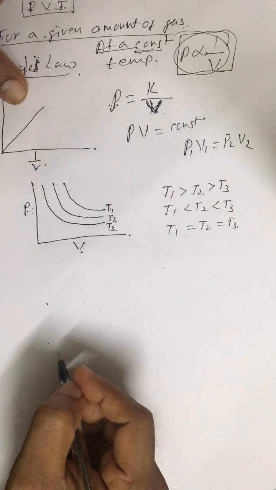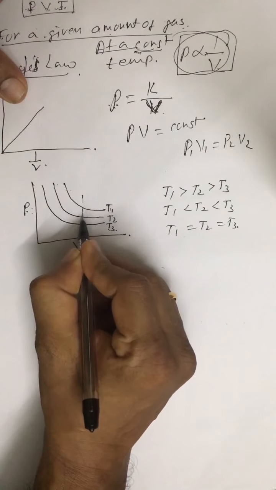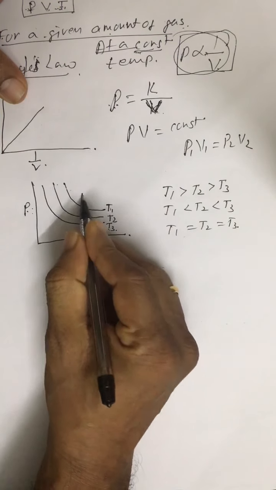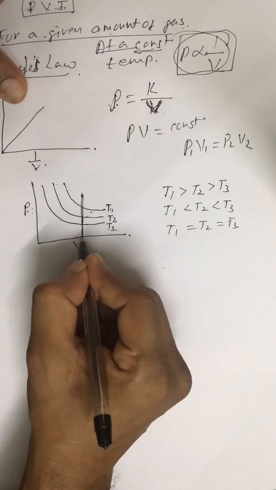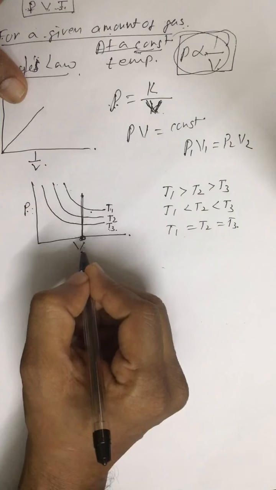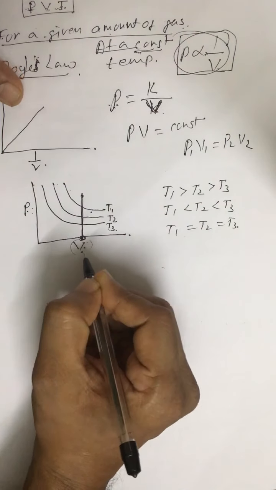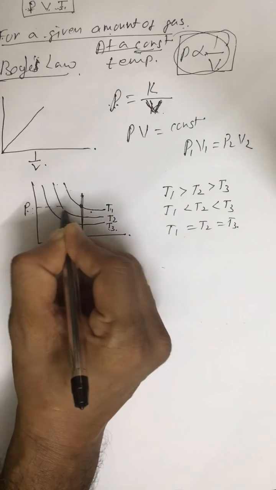In such cases, my suggestion is just draw a straight line, like this, crossing all these curves. By doing so, volume is kept constant. Now at this point, look at the pressure.